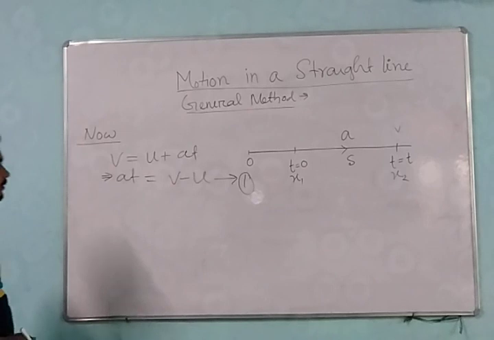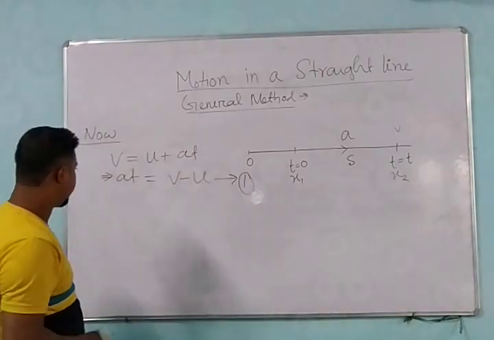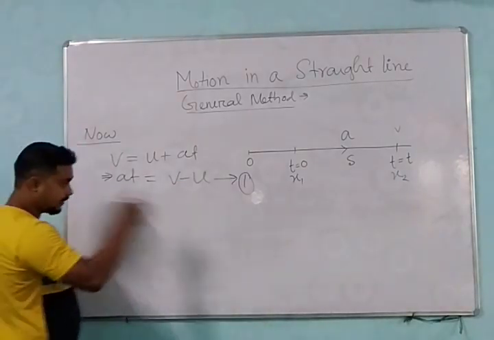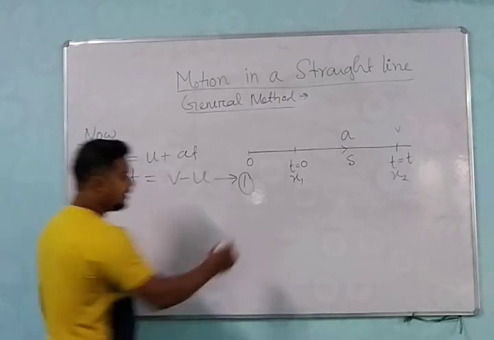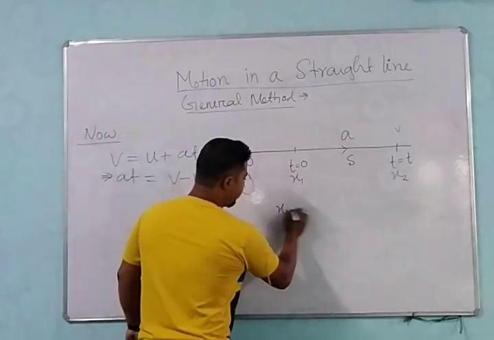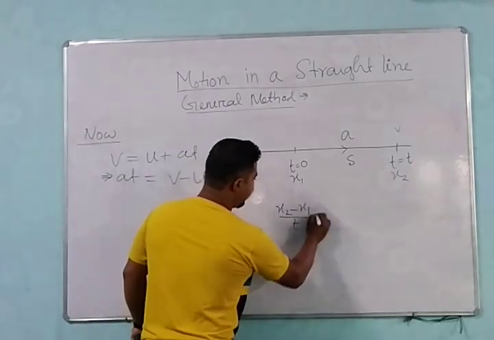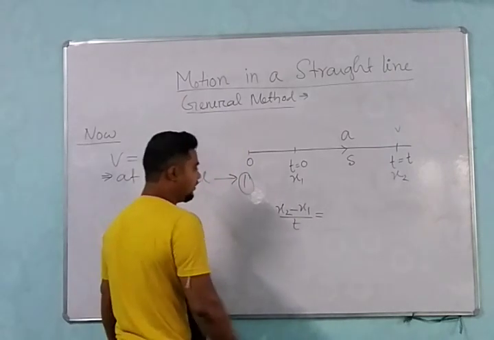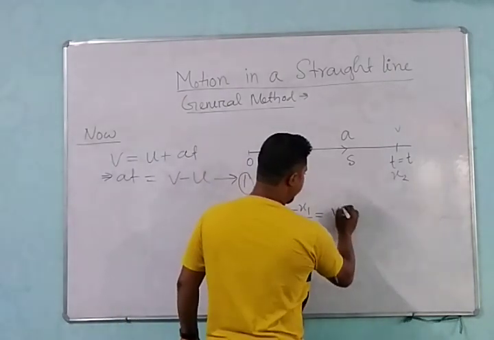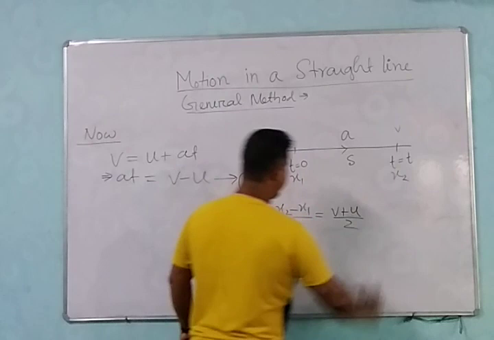Then we already got another equation: x2 minus x1 by t is equal to v plus u by 2, right?